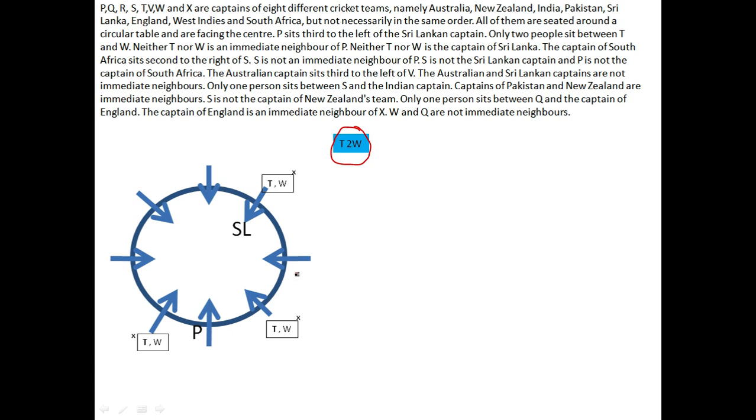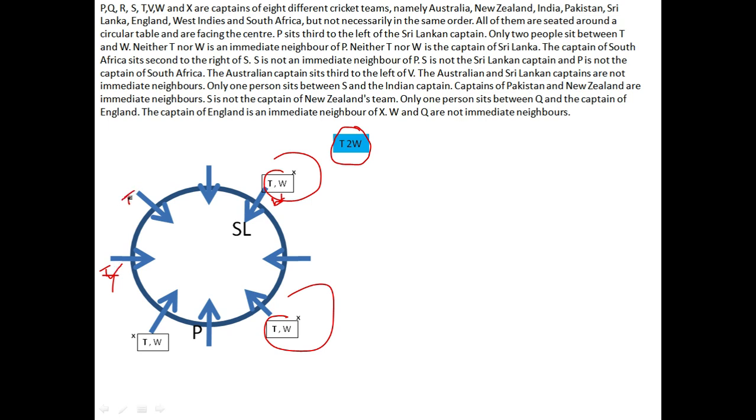So the available positions for T and W, let's start from here. T can come at this position. If T is coming at this position, W has to come at this position or this position, because there are 2 persons between T and W. But here and here W cannot come as per our previous statement, so T cannot come at this position. Now let's say T will come at this position.